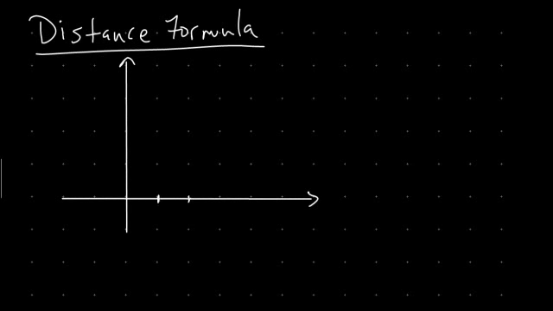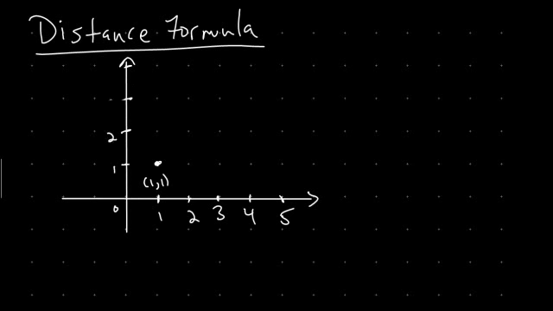So let's say we have this point here, over 1 up 1, so that's the point (1, 1). Here's my origin.